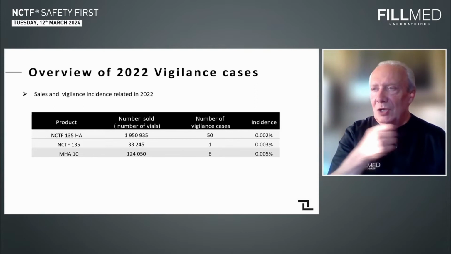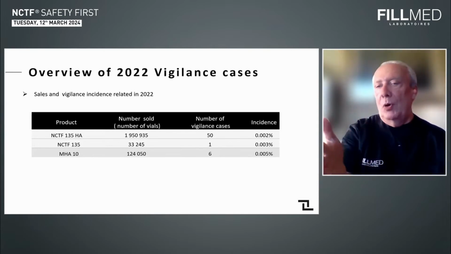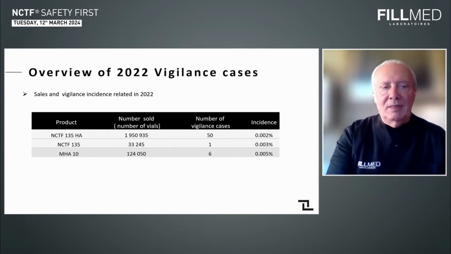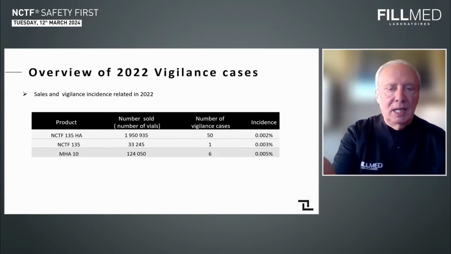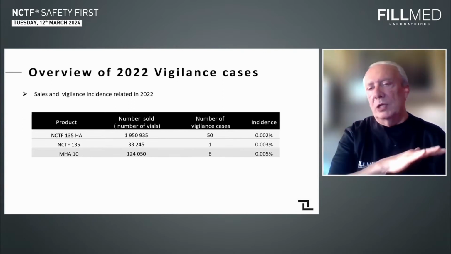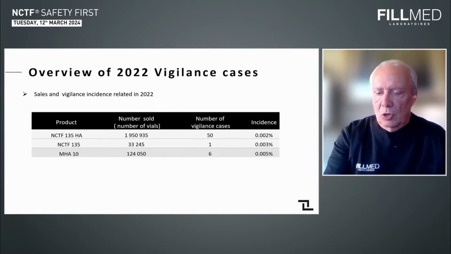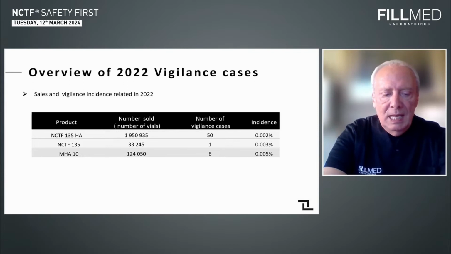There are totally no complications, 0.002. So really nothing. And also for NCTF 135 and MHA10, you see that the rate of complications is very low. But also one complication, of course, can be important.